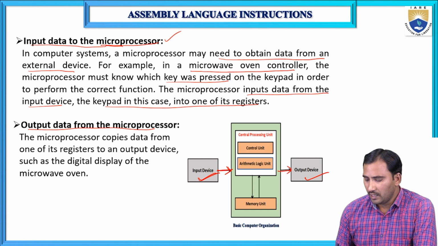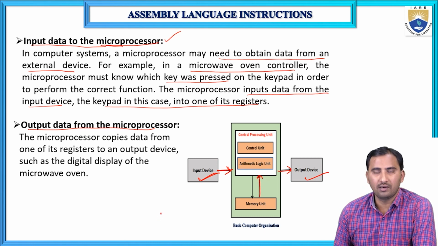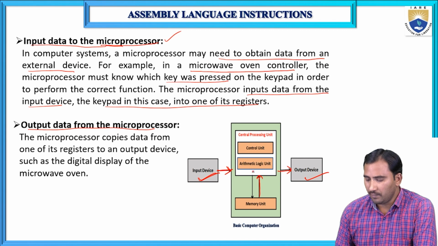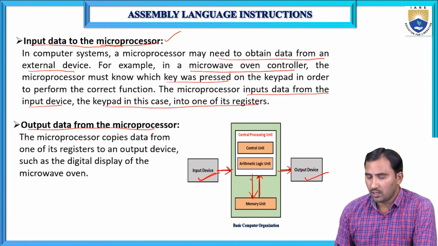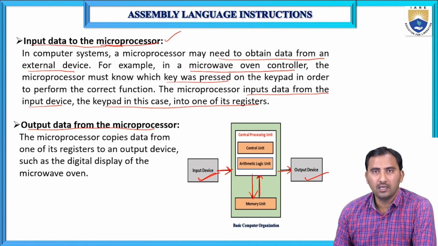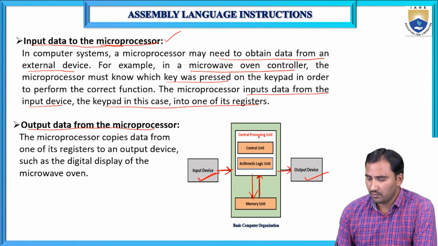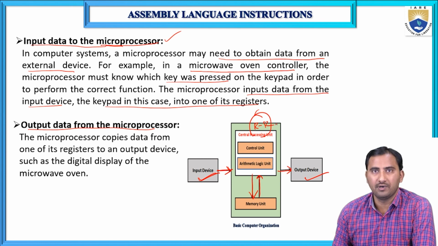The first one is data from the memory unit to the registers of the microprocessor, and the second one is data transfer instructions copying data from the registers of the microprocessor to the memory. The third one is data transfer within the microprocessor, that means register to register transfer.